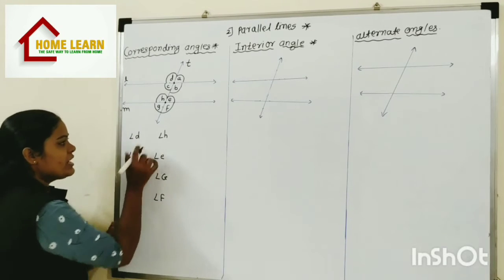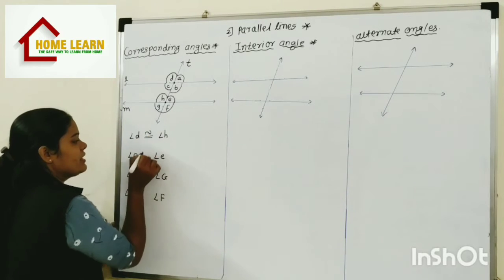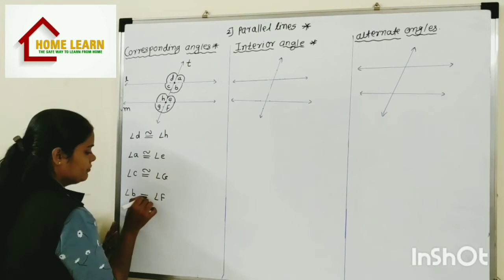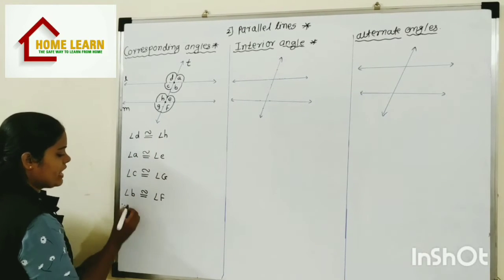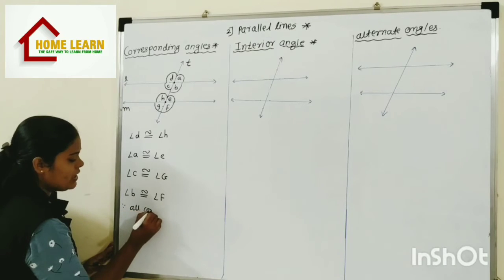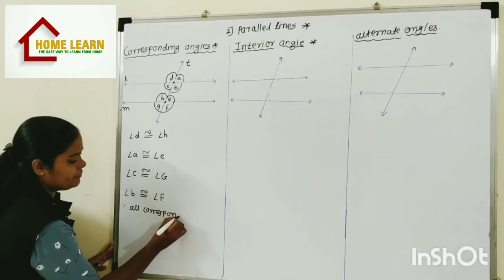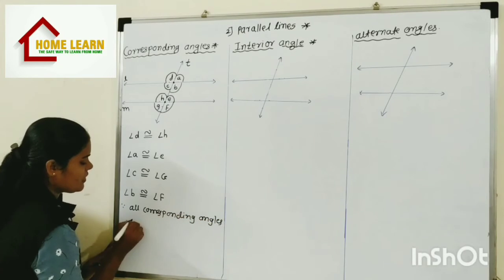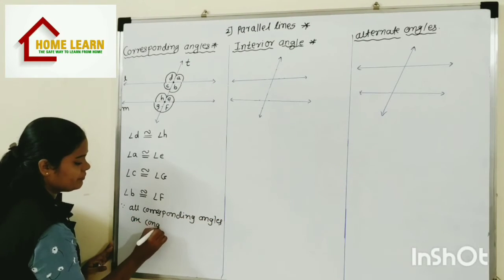So we can write the congruent sign here. This is the sign of congruency. You can write here: all corresponding angles are congruent.